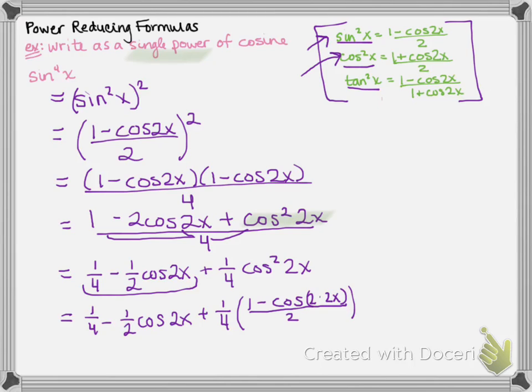Notice here, the important thing to think about is that what's in the cosine squared is 2x. Up here, what's in the cosine squared is x. So when we use the formula, whatever's here goes here, multiplied by 2. You see how the x got multiplied by 2, so we have to multiply this 2x now by 2.